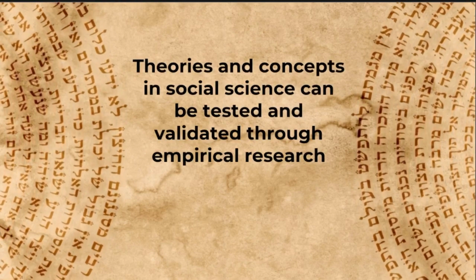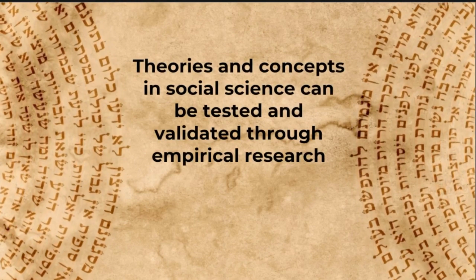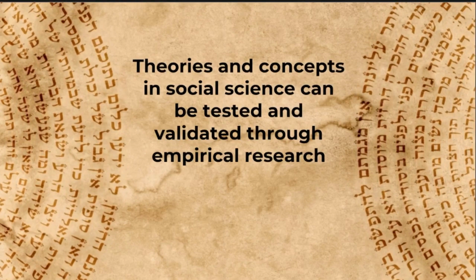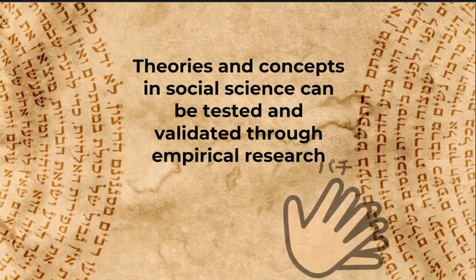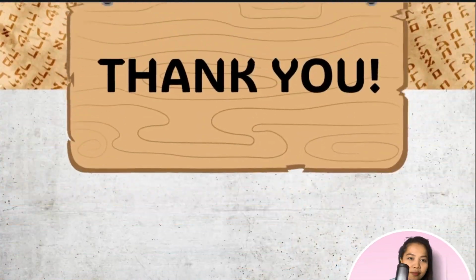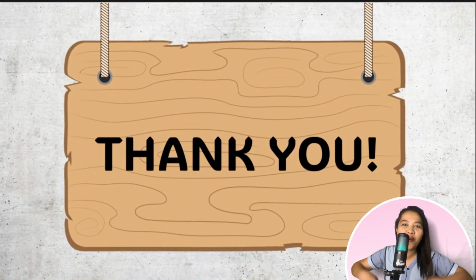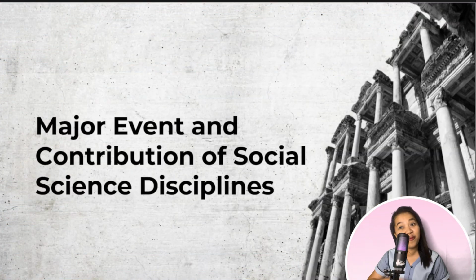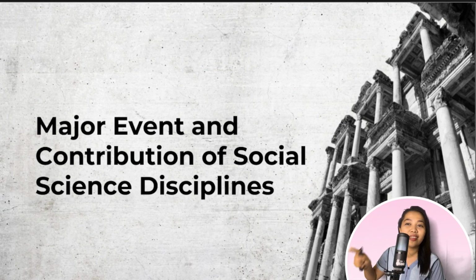Theories and concepts in social science can be tested and validated through empirical research. Thank you so much for participating. Let's move forward to major events and contribution of social science disciplines.